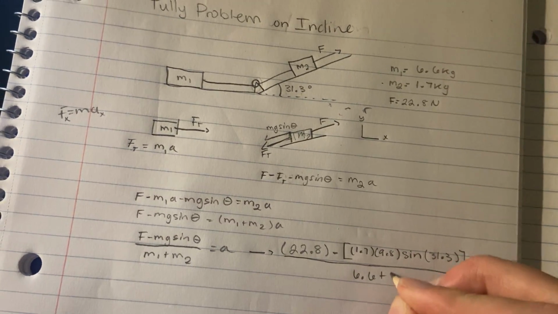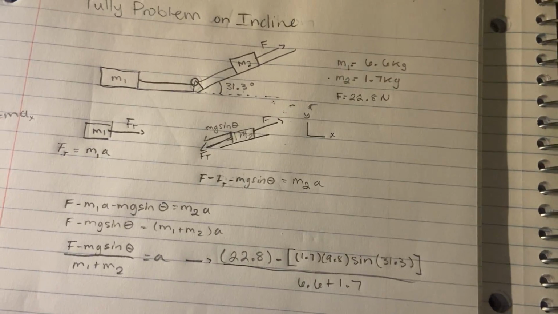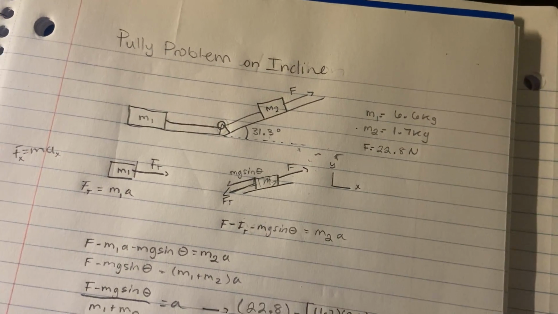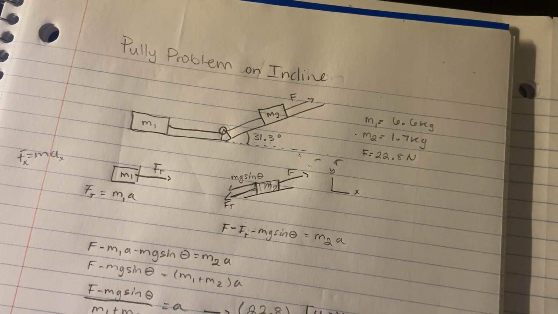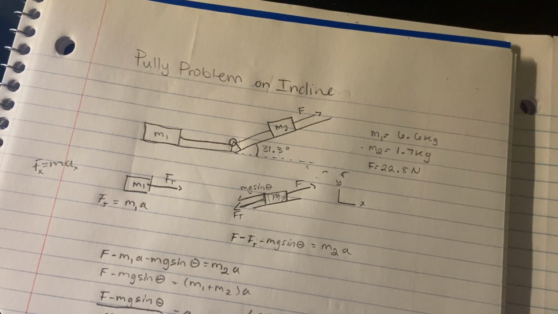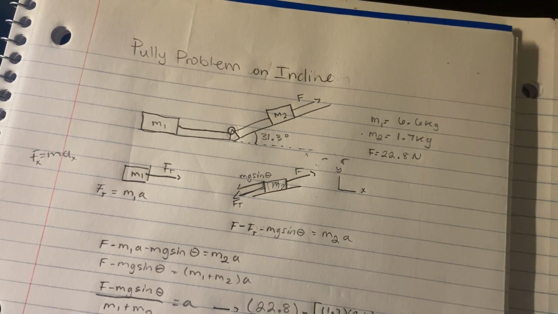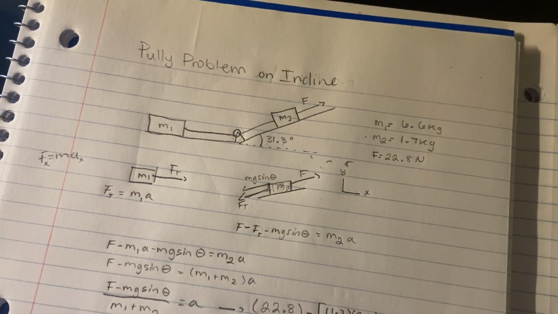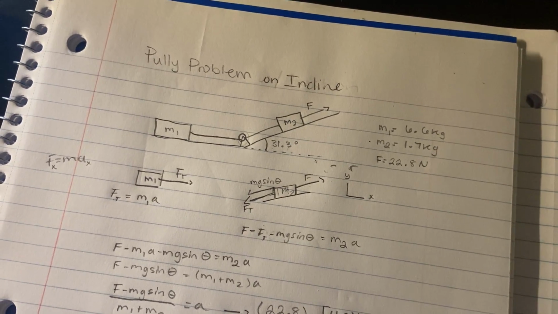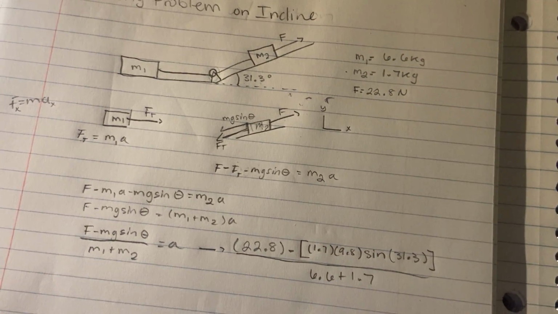So 6.6 plus 1.7. All right, let me plug that into my calculator real quick. 22.8 minus 1.7 times 9.8 times sine of 31.3, divided by 6.6 plus 1.7.